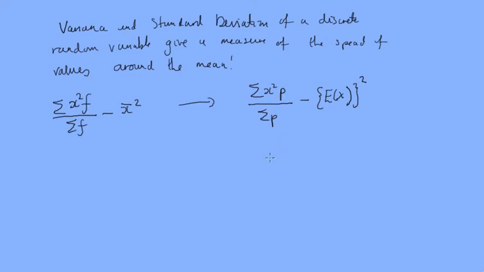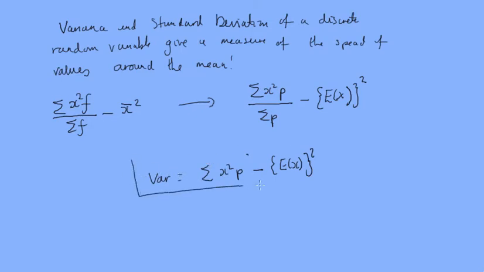Now we can simplify this even further, so the variance becomes the sum of x squared p minus the expectation squared, because the sum of p just equals 1. And this becomes our variance of x.